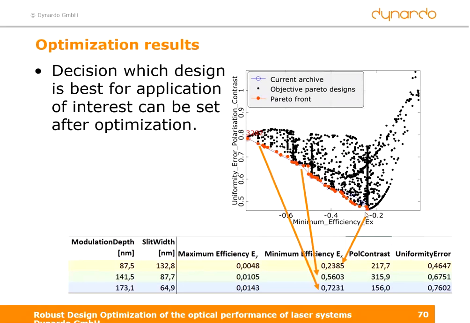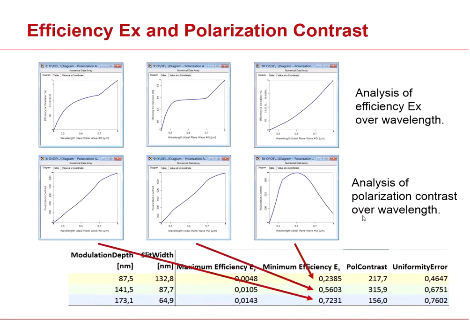At the same time, you might choose a design from this area where you have a very low uniformity error, but a quite low efficiency as well for the X direction. To analyze these designs further in VirtualLab, you might have a look at how these efficiencies are distributed with respect to the wavelengths, and you might find out more in detail about your system.